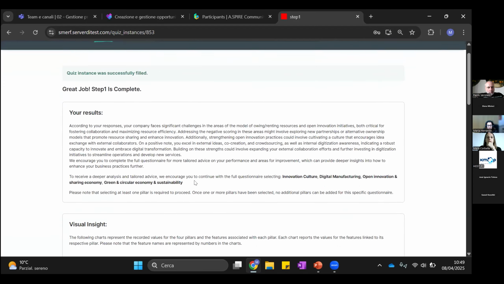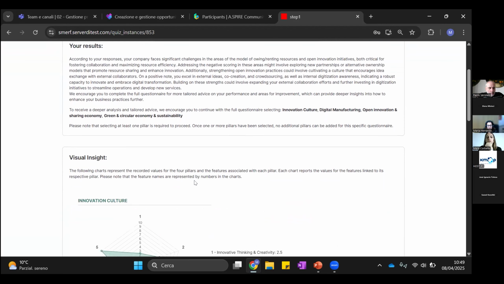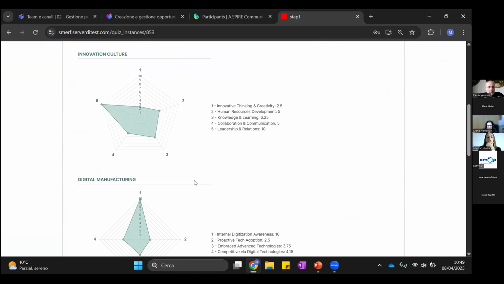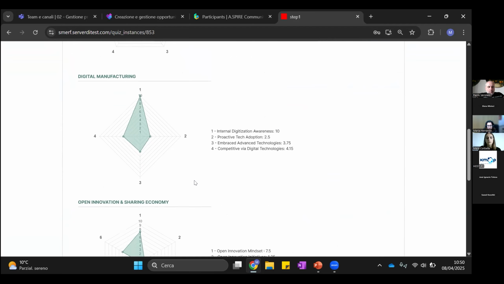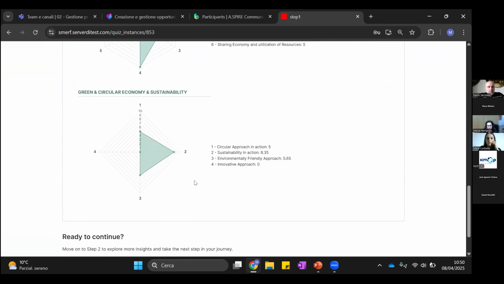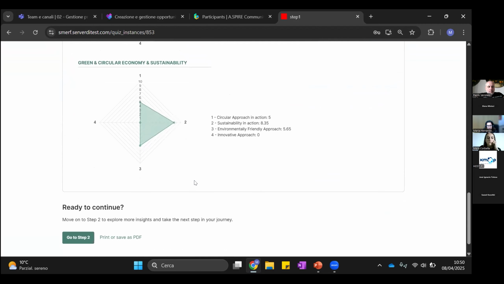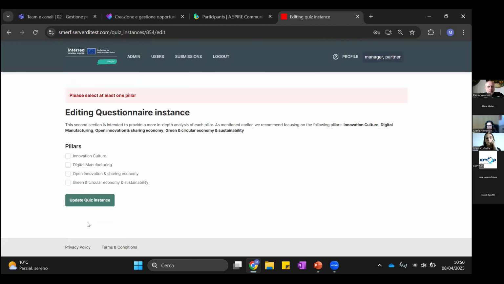Okay, the results, visual graphics, so for innovation culture, and for all the pillars, the performance that the company has registered. And then you can print this step, or you can go directly to the next step.